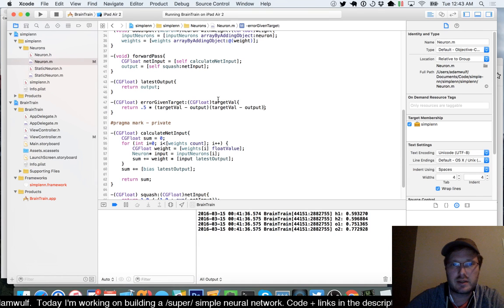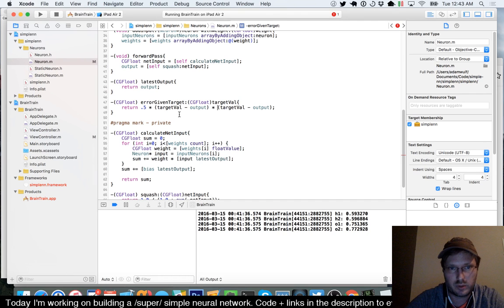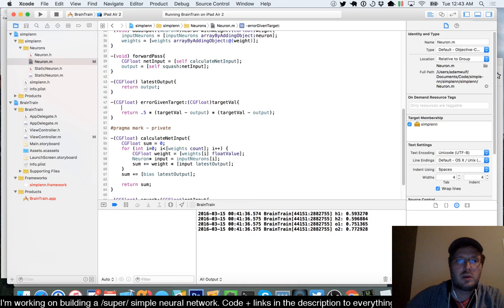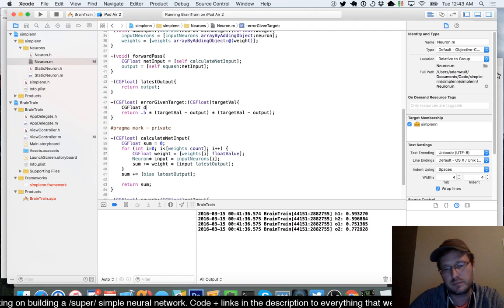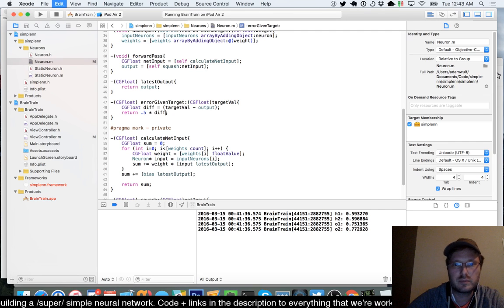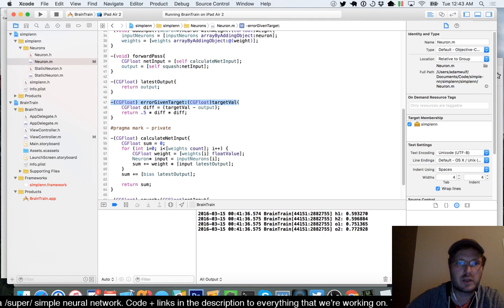Is that a nasty way to do target minus output? Probably is. That's how we're going to do it. We'll clean it up ever so gently. Now we have an error given a target value.